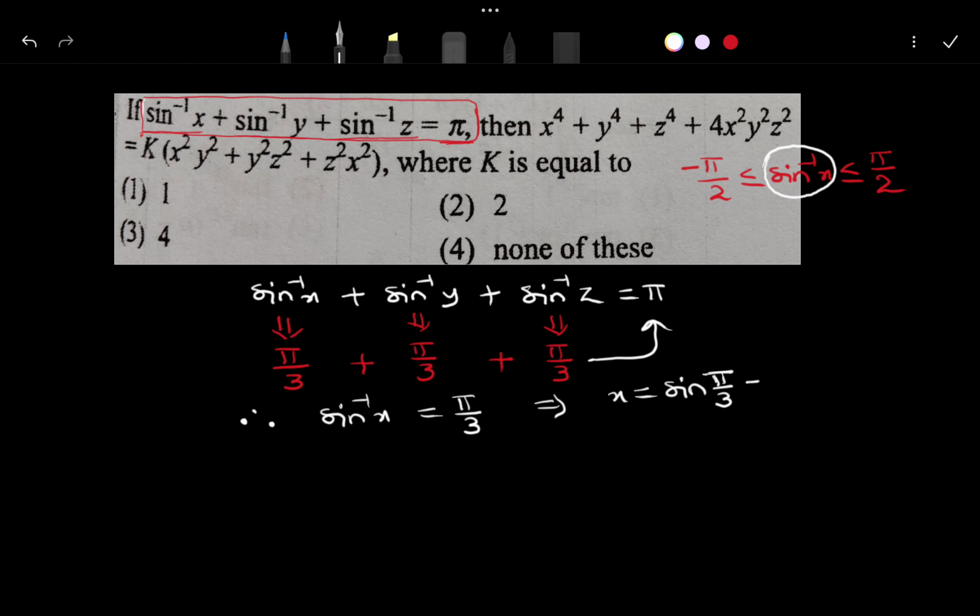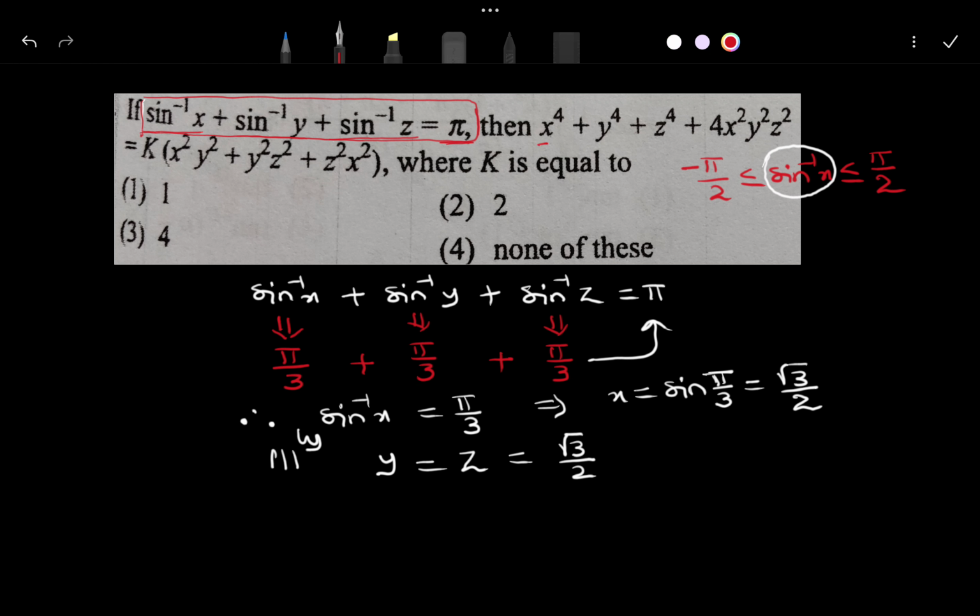The value of sin of pi by 3, sin 60, will be root 3 by 2. So similarly, y is also root 3 by 2, z is also root 3 by 2. Now substitute all these values in the given expression.